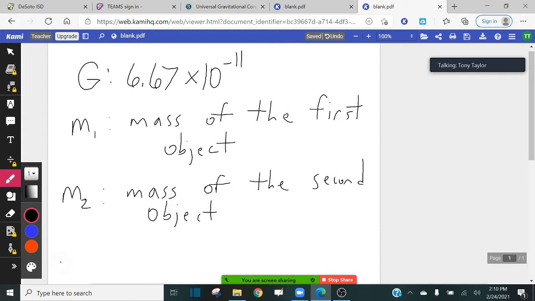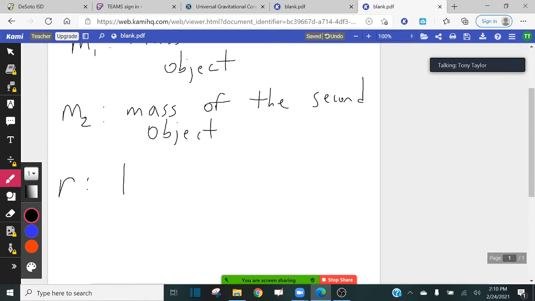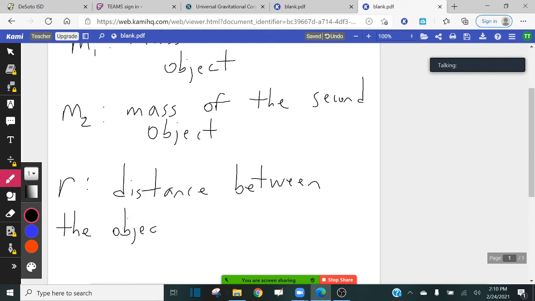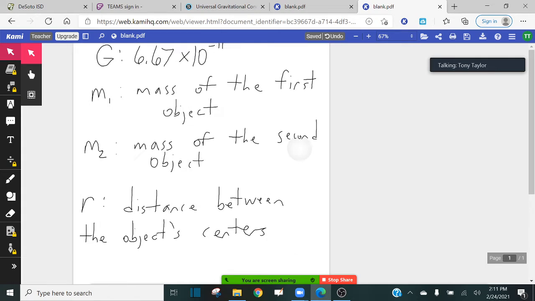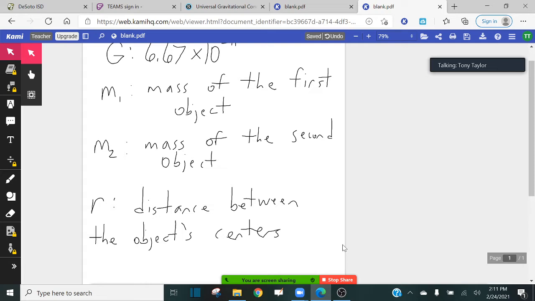Specifically, it's the distance between the centers of the two objects. Again, I just want everybody to be clear what each of those terms mean in that equation. So R stands for the distance between the object's centers.